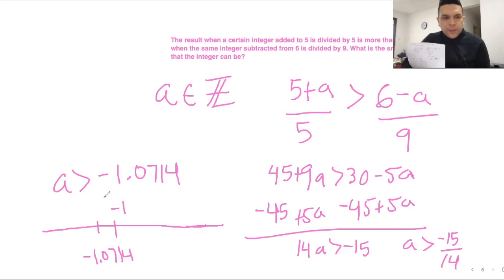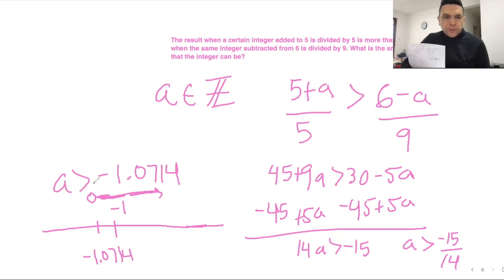And then it says that a is going to be greater than this. So why am I drawing negative 1 here? Because this is not an integer, right?